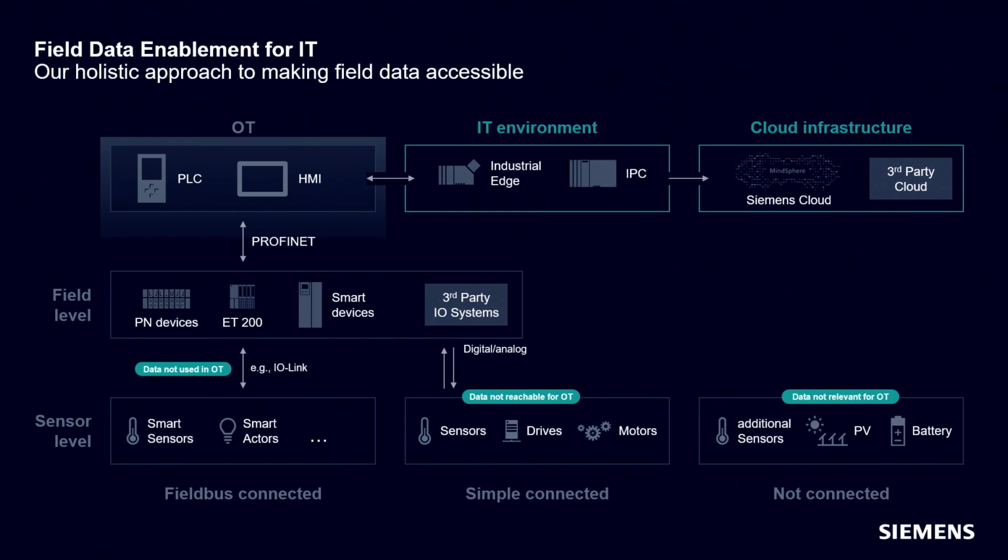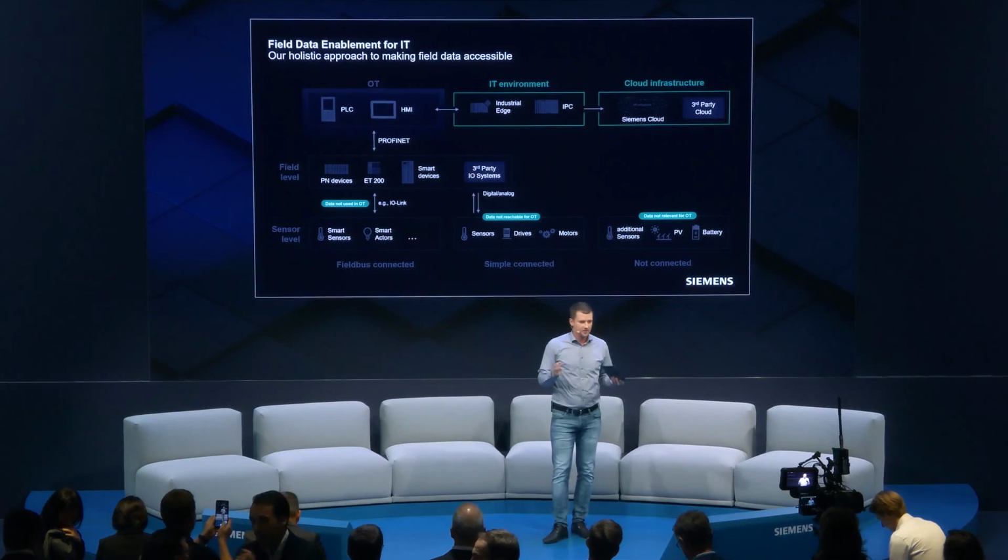And the point with that is that these data are optimized data for OT. So that means it's deterministic, it's focusing on safety, and it's especially made for a fast communication, for high productivity, and for high quality.